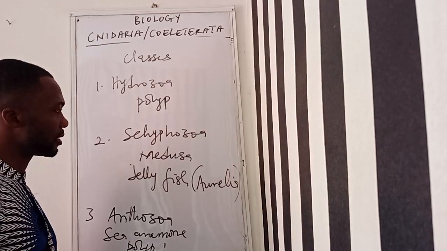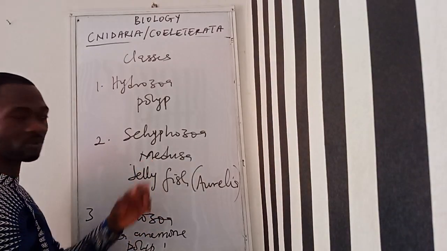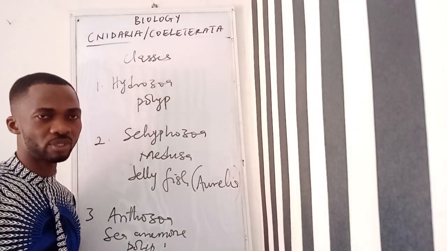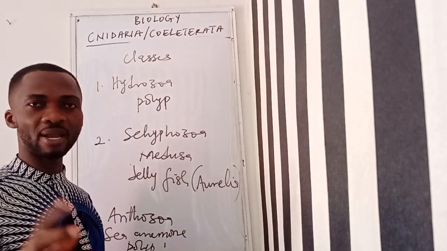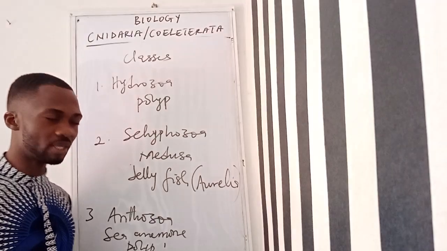Members of Scyphozoa sometimes can alternate between medusa and polyp, even though the polyp is a transitory stage, a larval stage that transforms, or metamorphoses, to become the adult.